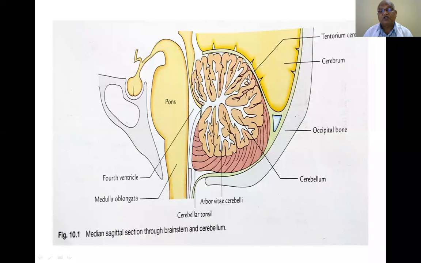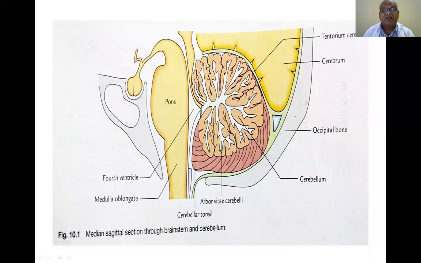These are all the superior surface, up to this point, marked by the horizontal fissure. Below it is the inferior surface.